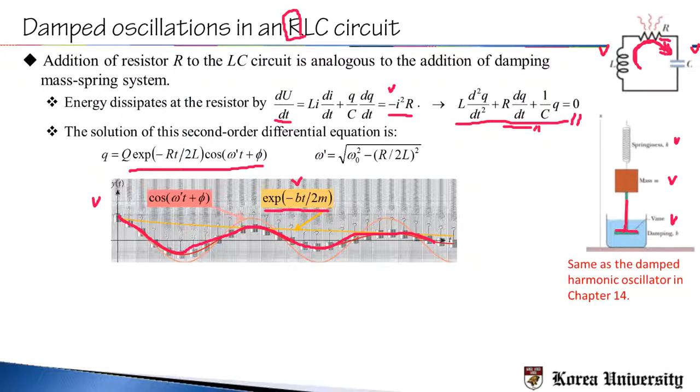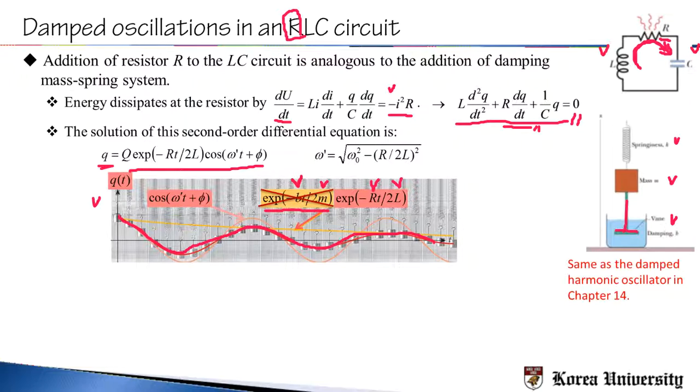And now we can use exactly the same figure to represent this time dependence of the charge, simply by replacing this exponential function by exponential of minus Rt divided by 2L, which means that this resistance is just like a damping constant, and this inductance is just like mass.